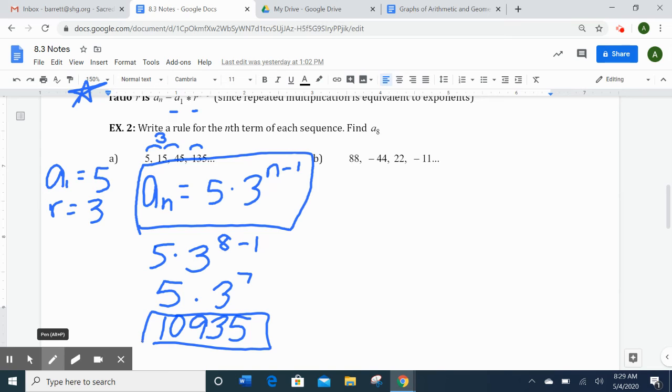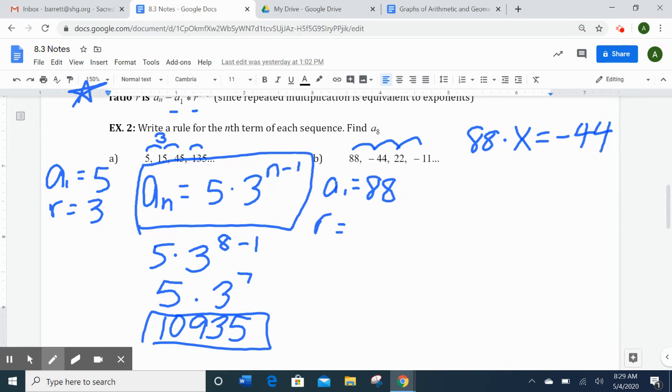And then letter B, I have to decide what they are multiplying by each time, because the first term is 88. So then I'm asking what the common ratio is, what's getting multiplied each time. So what do you multiply 88 by to get negative 44?